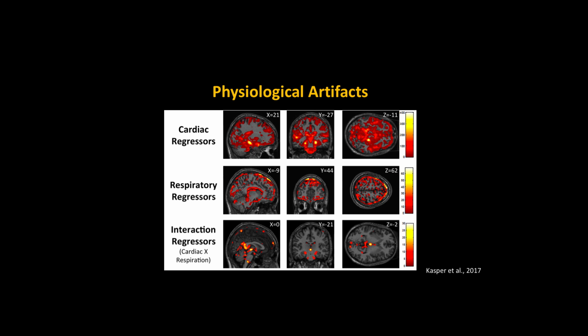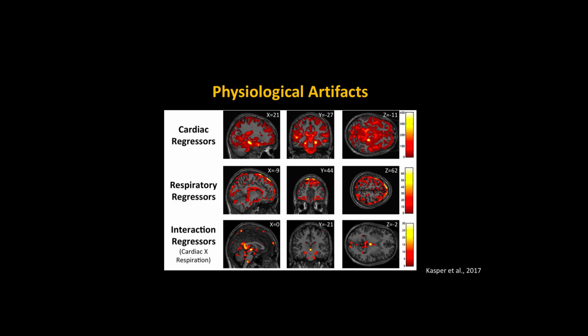Physiological artifacts are a little bit more straightforward because you can apply something such as a respiratory belt to measure breathing. You can attach something to measure their pulse. And you can try to mitigate some of the effects of these physiological artifacts. This is a figure from a paper looking at the effect of those different artifacts.